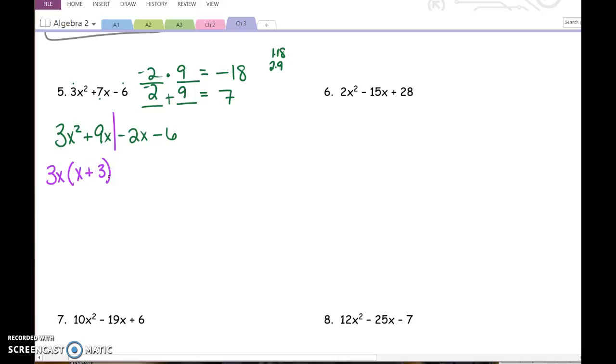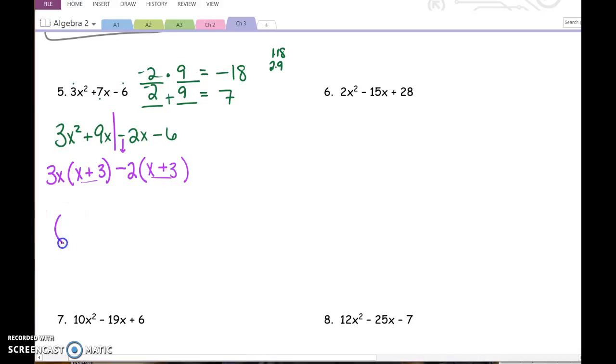The second 2, here's a big, huge, helpful hint. If your third term is negative, drop that negative down. You're going to factor out negative 2. So negative 2x divided by negative 2 is positive x, and negative 6 divided by negative 2 is positive 3. You want your 2 sets of parentheses to match.